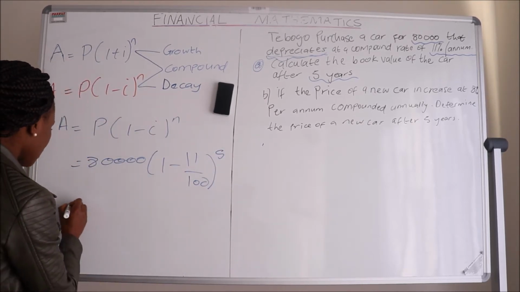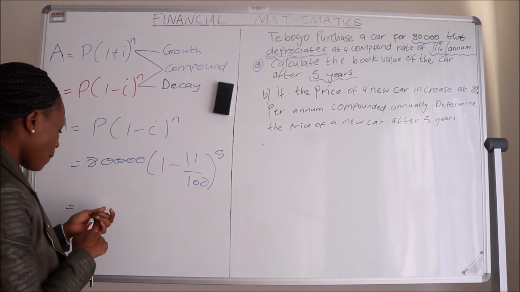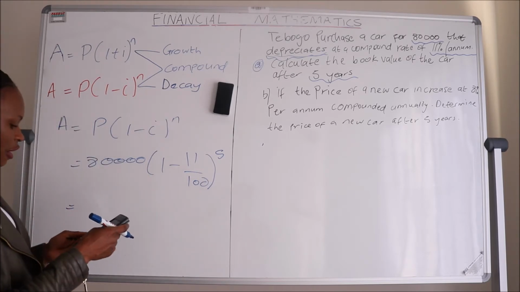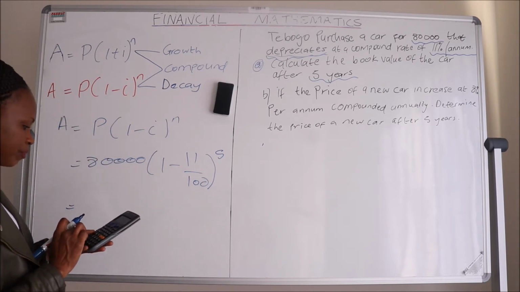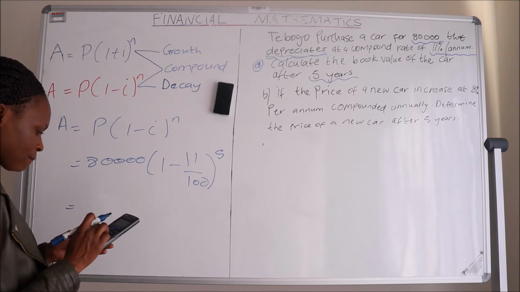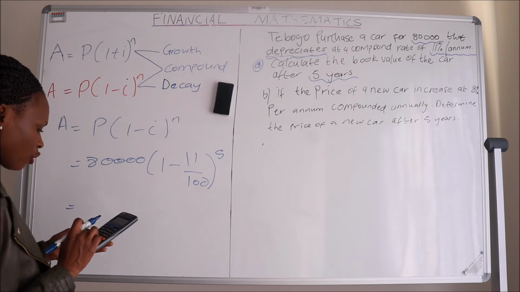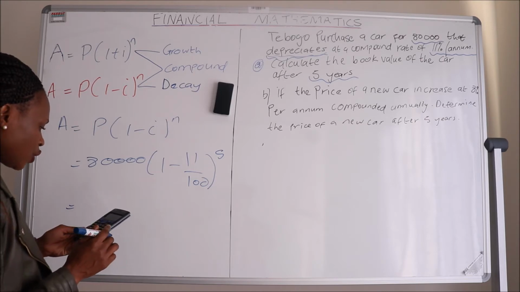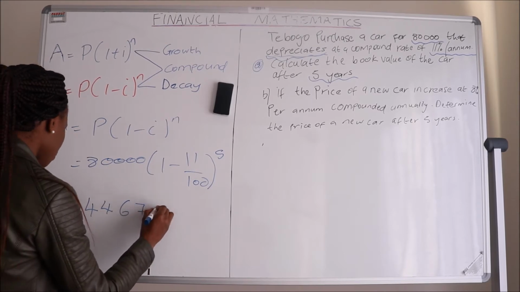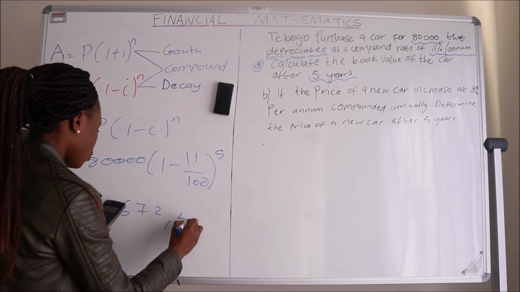Then here we'll just use my calculator and see what the book value of the car will be after a period of 5 years. 80,000 into 1 minus 11% to the exponent of 5, which will be 44,672.48.